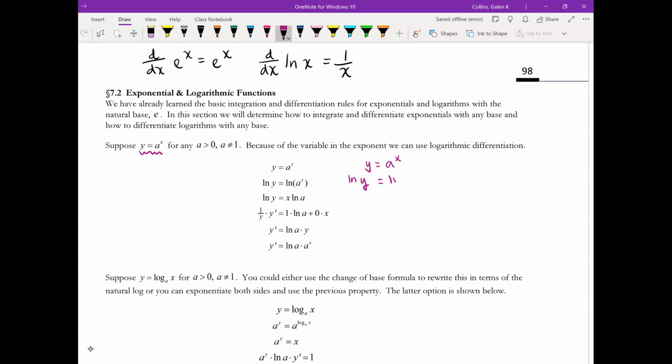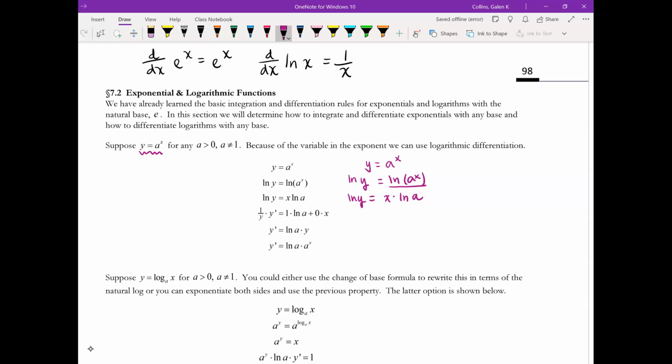We would take the natural log of both sides. I know this is already written out in our notes, but I'm going to write it out as well. Then, using the properties of logarithms, just like we did in section 7.1, we can rewrite the natural log of a to the power of x as x times the natural log of a.